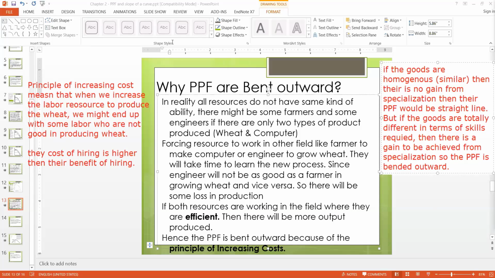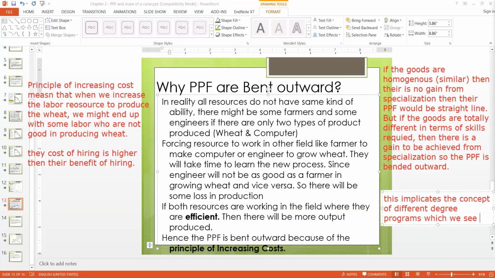So what is an implication of this topic? This implicates the concept of different degree programs which we see in our education. We are teaching engineering, doctors, we are making business people, we are making accounting, economics, finance, marketing, management, aviation, social sciences.